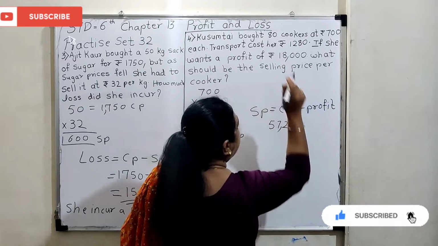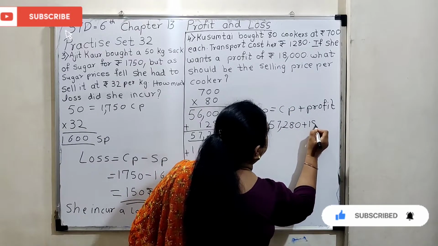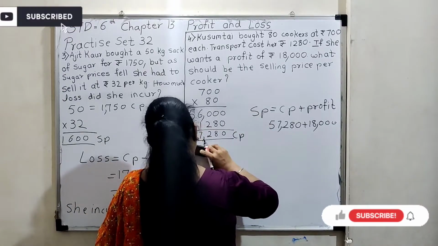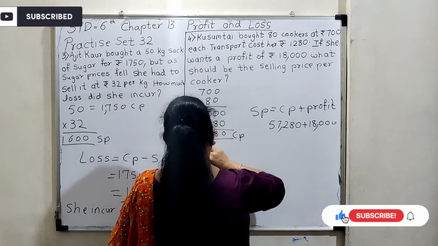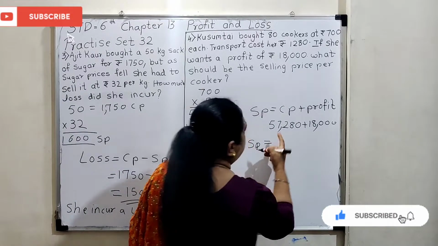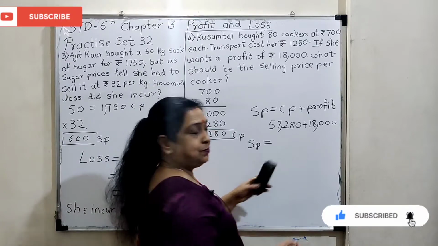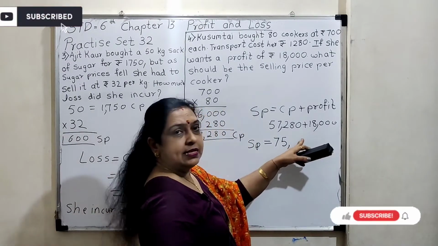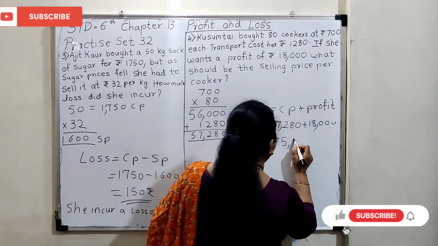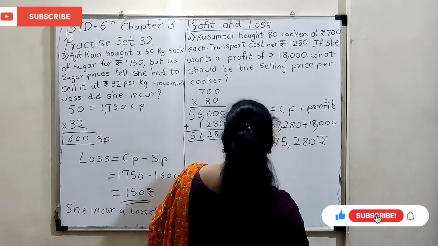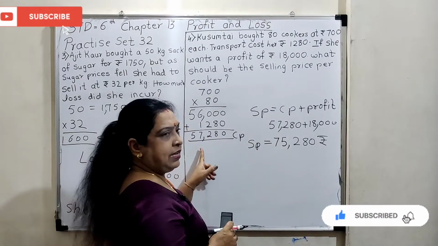And they have told us she wants a profit of 18,000, so we should add this 18,000. When we add, what is the answer? 75,280 rupees.